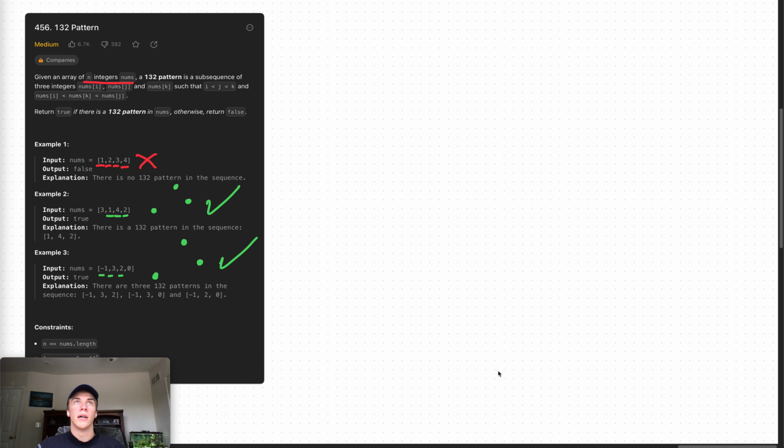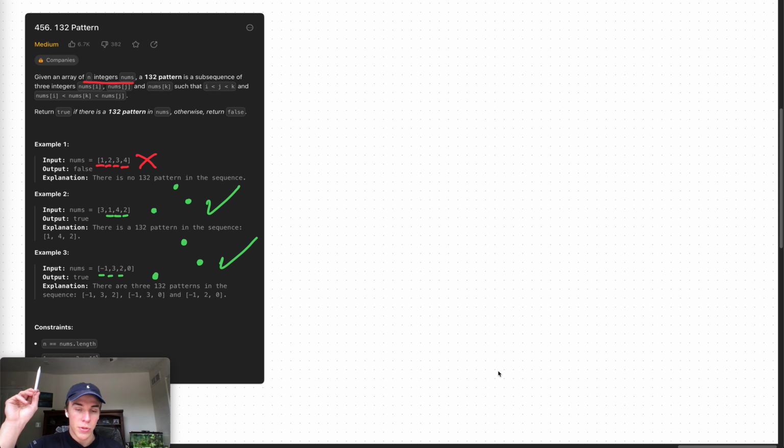Let's see, what would one kind of approach be? The simplest approach would be to have three for loops bounded by what i, j, and k could actually be.